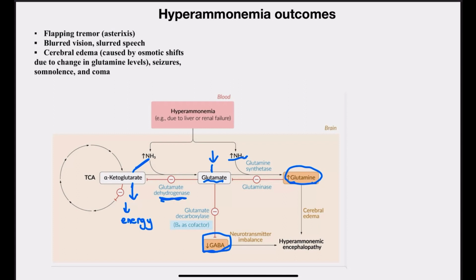So now we have a neurotransmitter imbalance, and we have high amounts of glutamine, which can cause cerebral edema and hyperammonemic encephalopathy. All in all, these are the important factors, and I've discussed the genetic causes. We also have some acquired causes, such as aflatoxins and portosystemic shunts, which can also cause hyperammonemia. Hyperammonemia, and high urea levels, can be pre-renal, intrarenal, or post-renal.